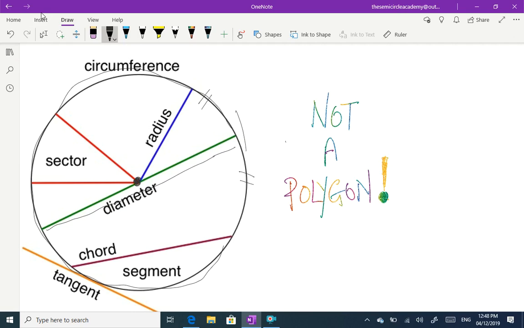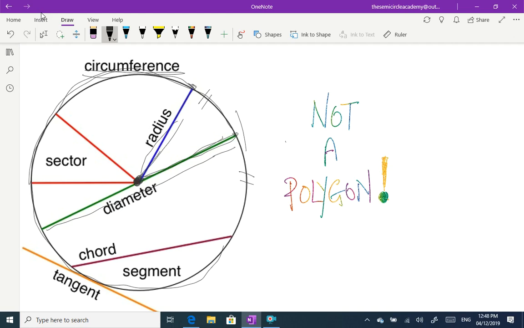The radius also starts at the center of the circle and then connects to any point on the circumference. And of course, this outer perimeter here is called the circumference of the circle, and you're seeing the word up here. Yeah. So this radius here starts at the center and it goes to the circumference of the circle.